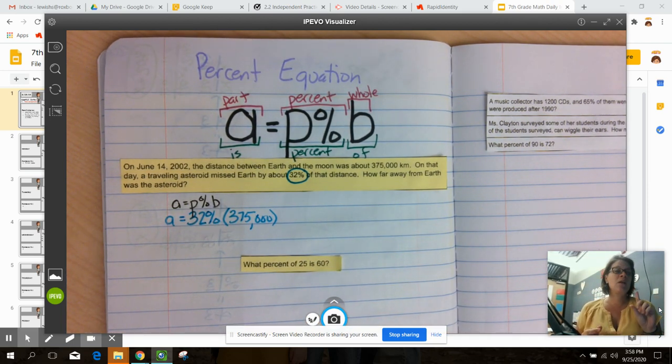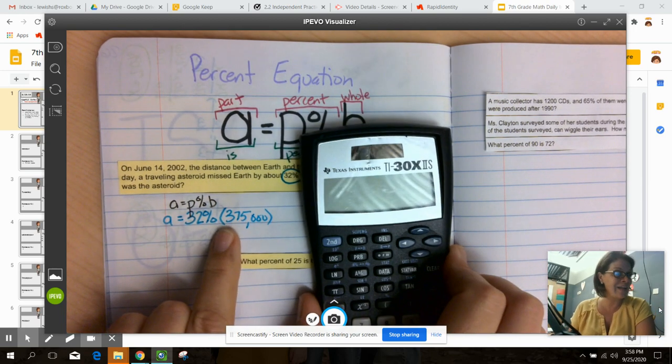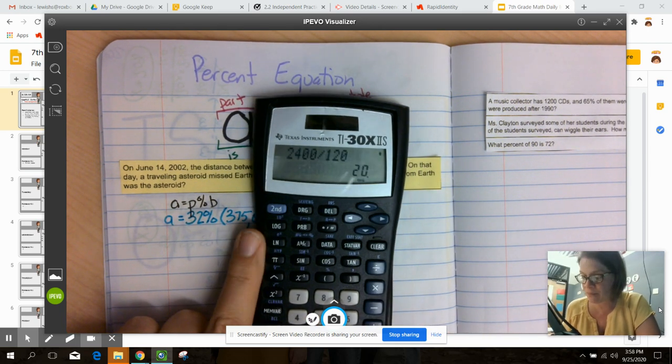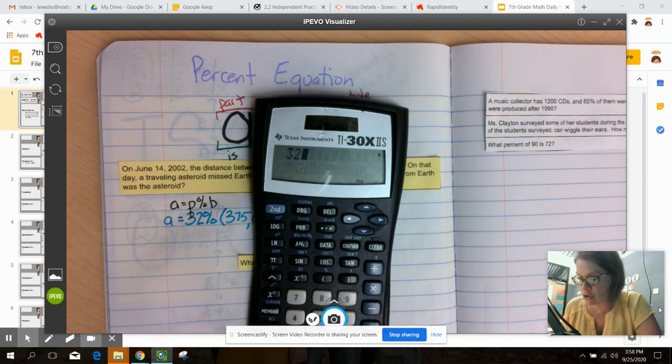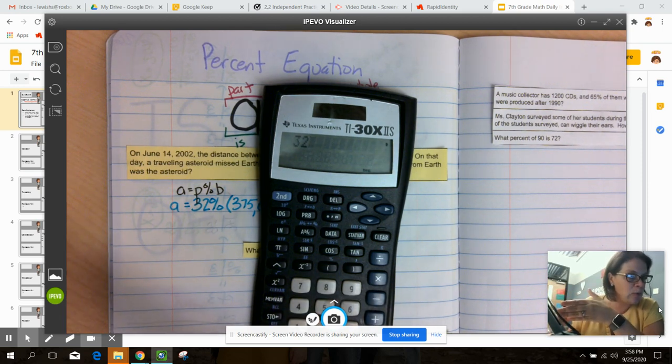Now, very cool thing with these calculators that I love. If you have one of these calculators, you can just put a percent in. We can put this exact problem in. The way that you're going to do that is you would do 32. Now, let's look for the percent sign. Oh, there it is, and it's purple, right above that little parentheses. How do we get to the purple ones? We push the second.